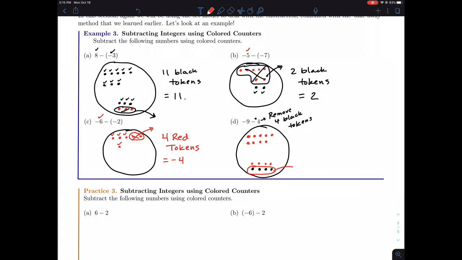So I can circle the 4 black tokens, pull them to the outside, and then again, that'll allow me to cancel those guys out. And then finally, what's left inside, I got 1, 2, 3, 4, 5, 6, 7, 8, 9, 10, 11, 12, 13. So I've got 13 red tokens remaining. So that means my final answer would be -13 in this case.